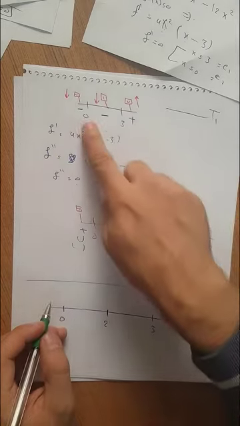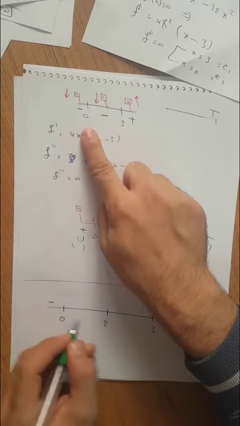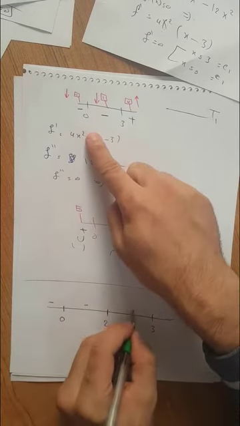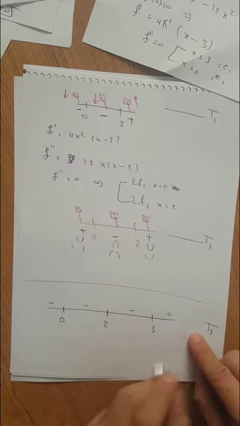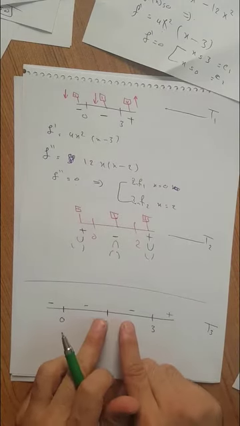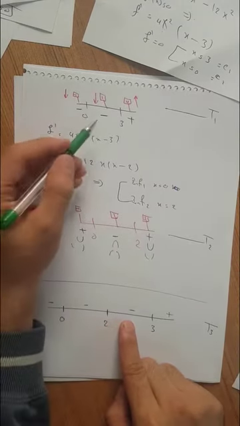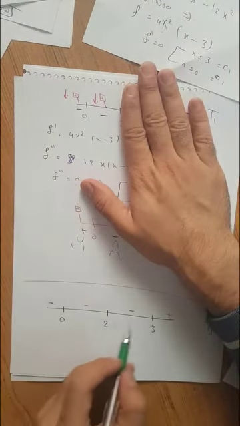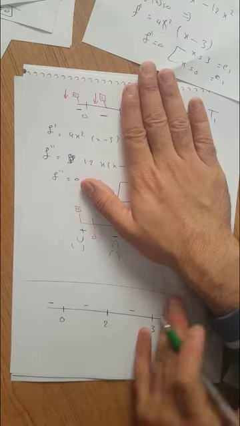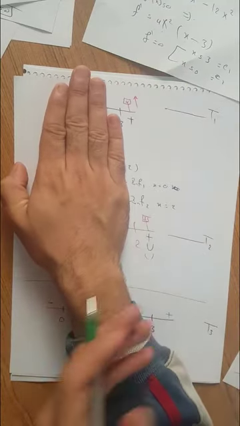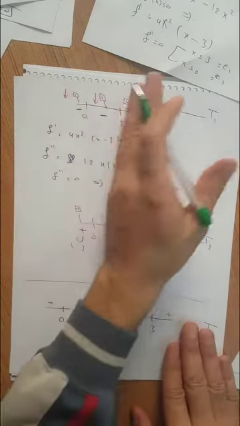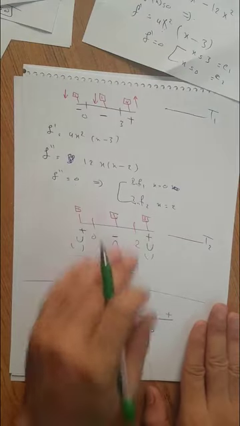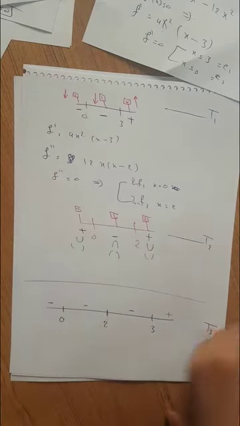And I know I have negative, negative, negative, positive. Am I right? Don't ask why my teacher changed it to negative at 3. It's not negative at 3. Less than 3, we have a negative. Before 3, we have a negative. After 3, we have a positive. You can see. How about here?